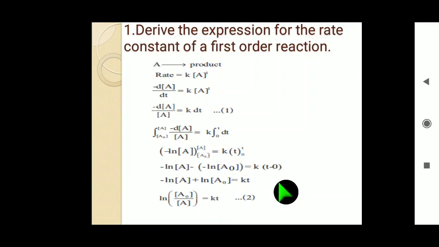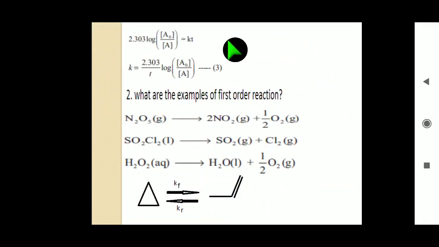That is equation 2. Now ln equal to 2.303 log. In the place of ln, we can substitute 2.303 log A0 divided by A equal to kt.